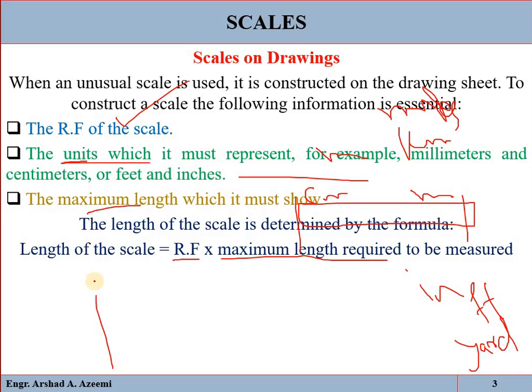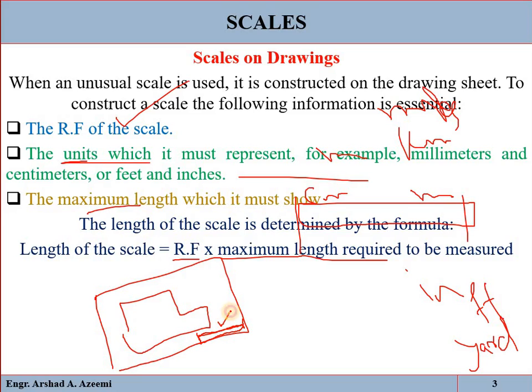Okay, for example, if you have the drawing of an object, and here you are constructing the graphical scale. The length of this graphical scale represents that this much distance can be transformed into actual dimension at one time.